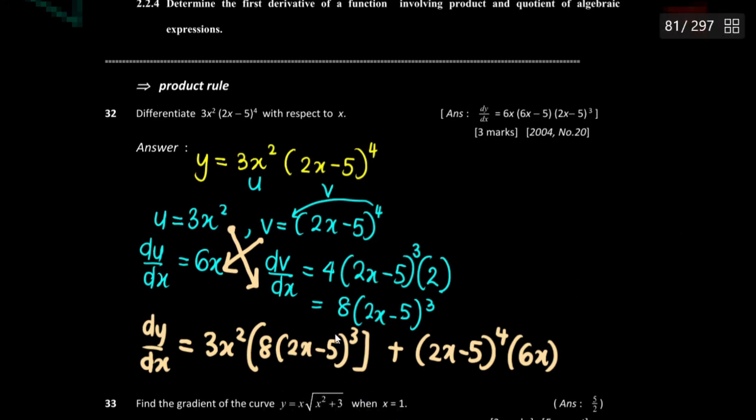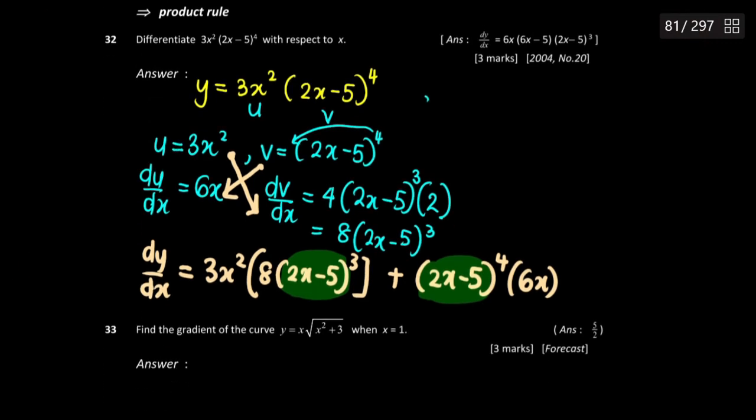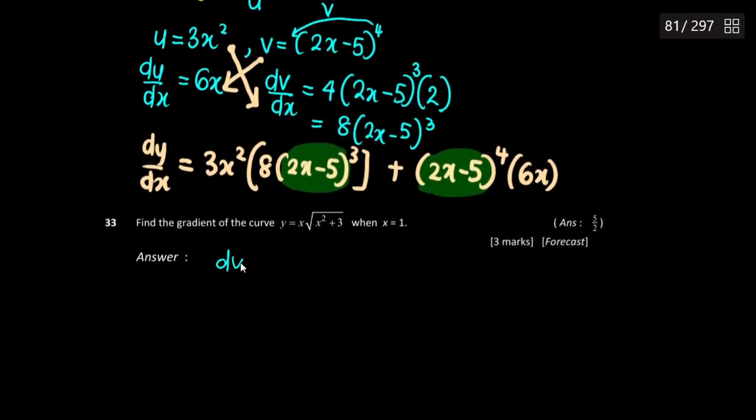What are the similarities? 2x minus 5, 2x minus 5. So what teacher is going to do as the first step is to factorize. Let me continue down here. dy/dx, I'm going to factorize 2x minus 5. But before that, can you see any other things that can be factorized or not? Yes. Try to see this.